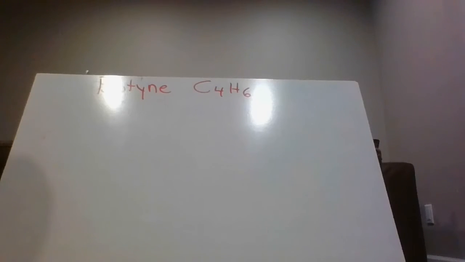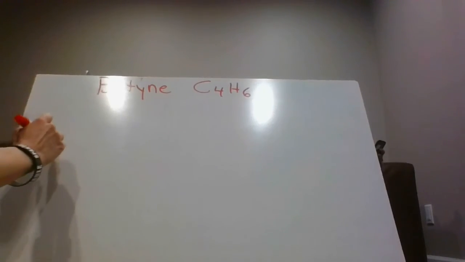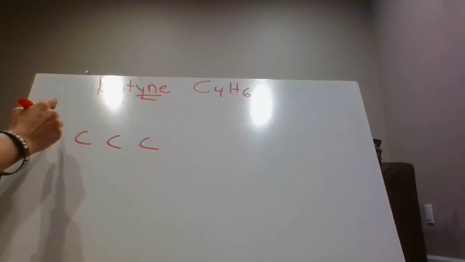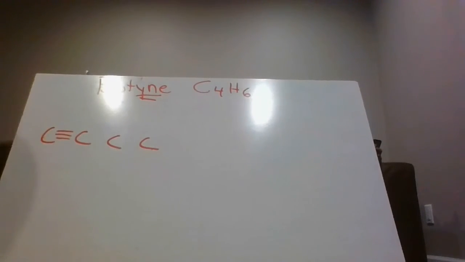Draw the structure for butyne. In order to draw butyne, C4H6, you should start with 4 carbons. You know that it has a triple bond, so you put a triple bond between 2 of the carbons. Now there are different places you could have put it.